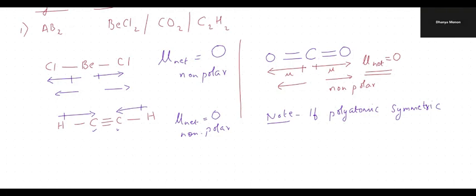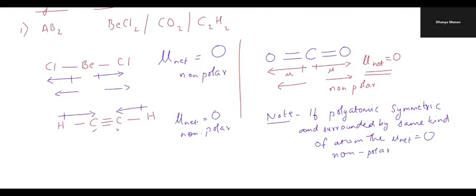It is surrounded by the same kind of atom. Then mu net or dipole moment is equal to 0 and the molecule is non-polar.